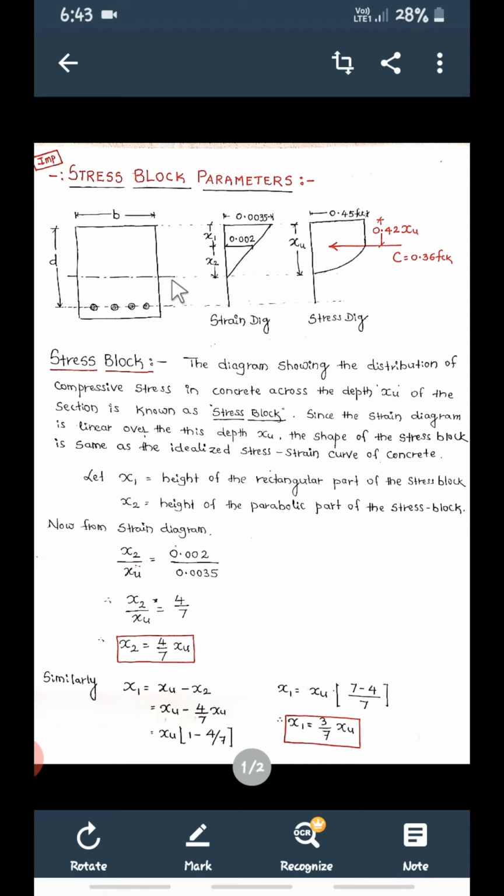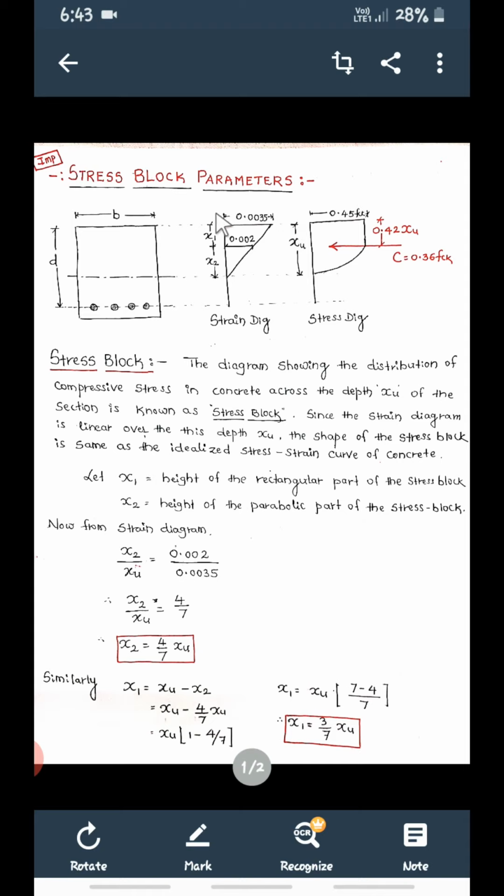So x2 is nothing but the height of this parabolic part, from here to here, equal to 4 by 7 times xu.